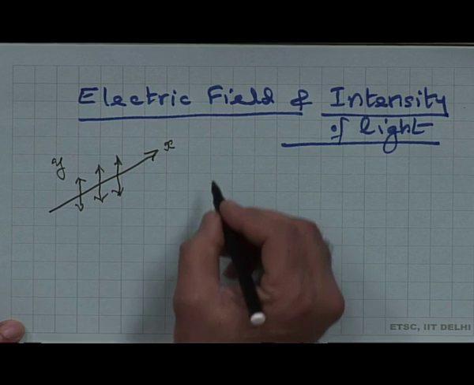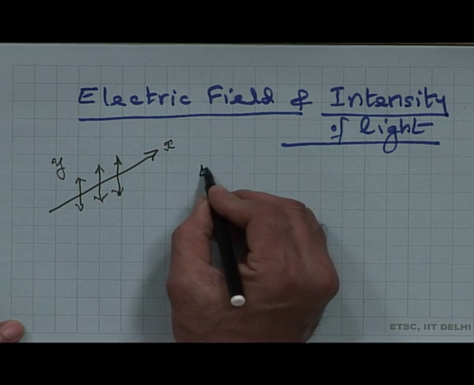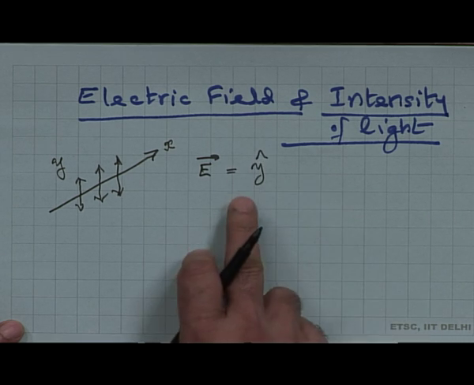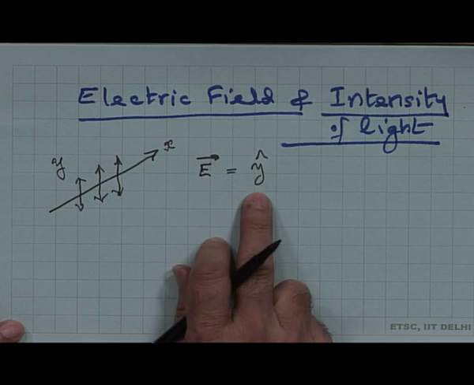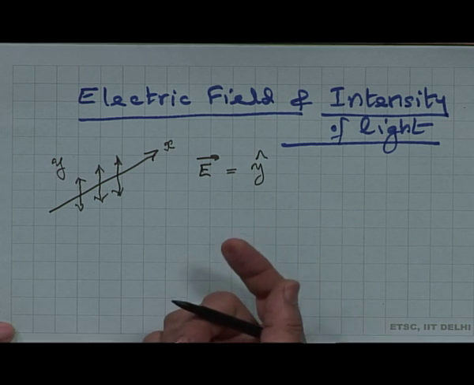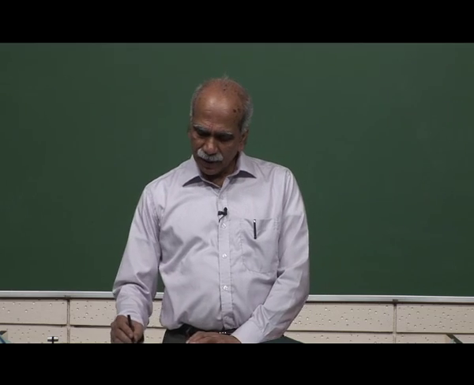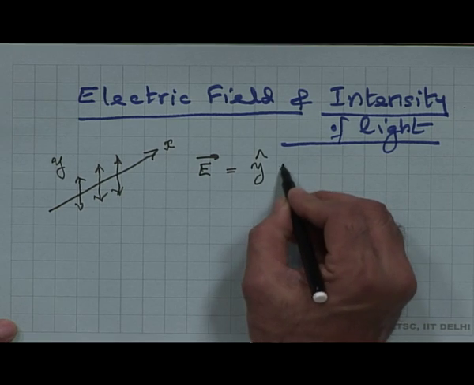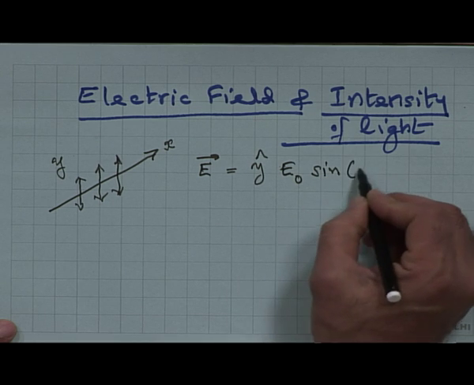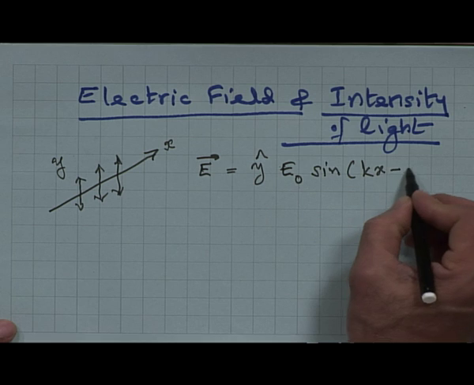The electric field can be written as E is equal to y cap, a unit vector in the y direction. Sometimes we denote it as i, j, k instead of x cap, y cap, z cap, into E 0, which is the amplitude, and sin(kx minus omega t).